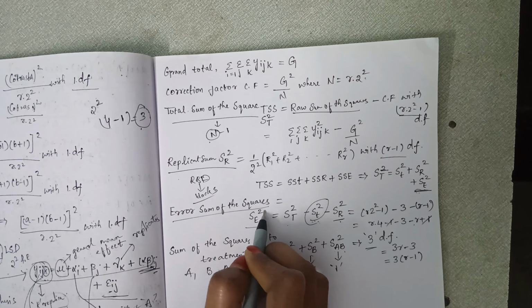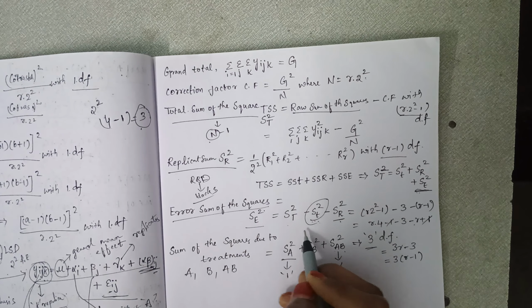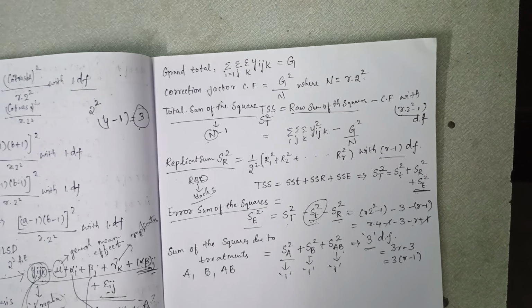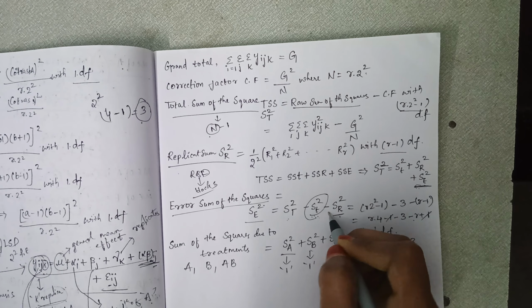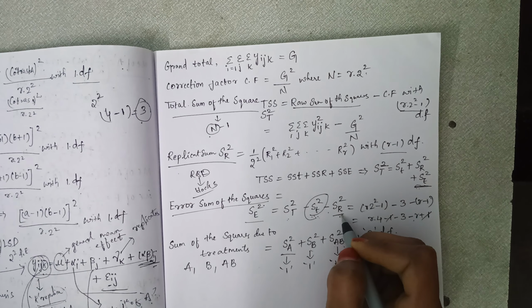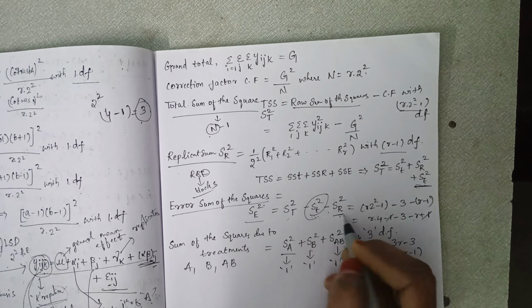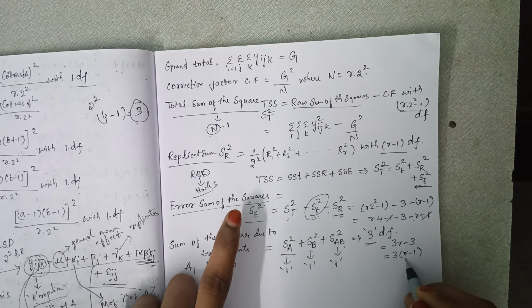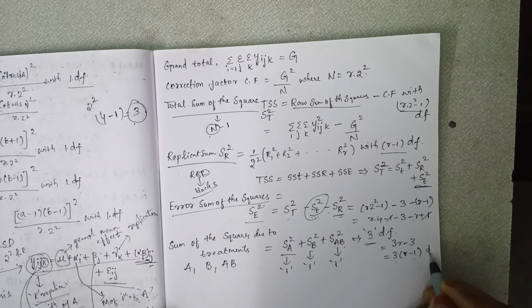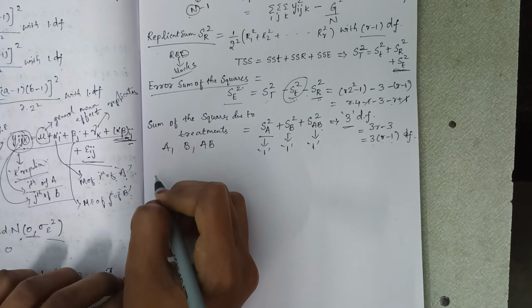So the error sum of the squares is nothing but the total sum of the squares minus the sum of the squares due to treatments minus the sum of the squares due to replications, right? This is with 3 into r minus 1 degrees of freedom. So now we can write the ANOVA table.